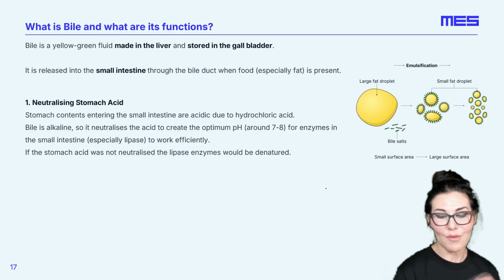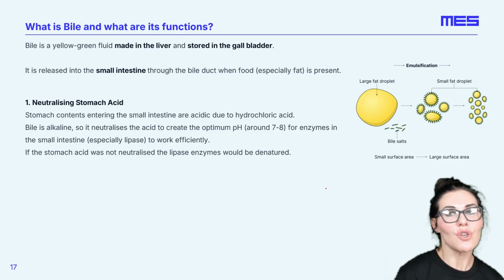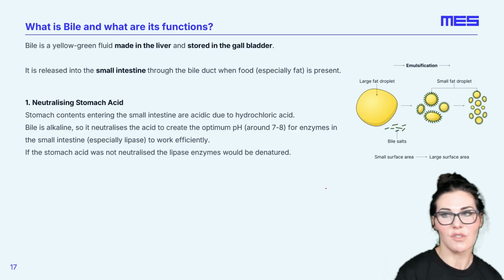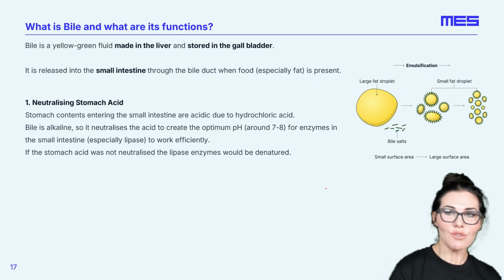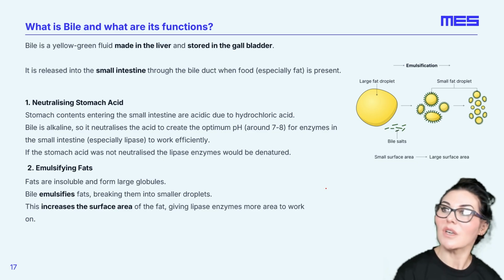They prefer it a little bit more neutral, even slightly alkaline. What this bile does is it helps to neutralize that acid in the food as it enters the small intestine and provides an optimum pH for the enzymes of the small intestine so they work effectively and efficiently around pH 7 to 8.